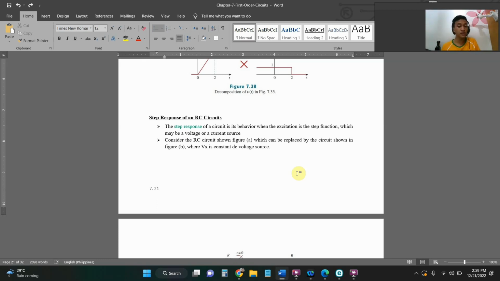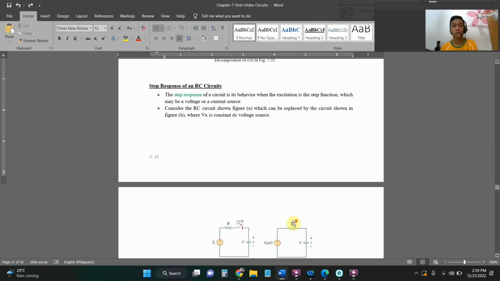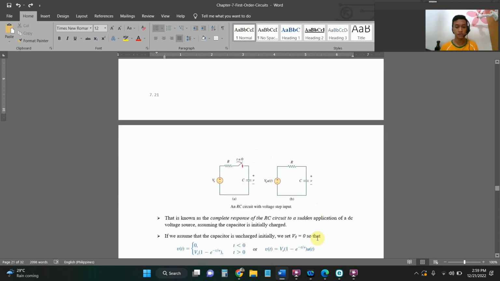Considering the RC circuit shown in figure A, it can be replaced by the circuit shown in the next figure, where Vx is a constant voltage source. This is shown as the complete response of the RC circuit to a sudden application of a DC voltage source.